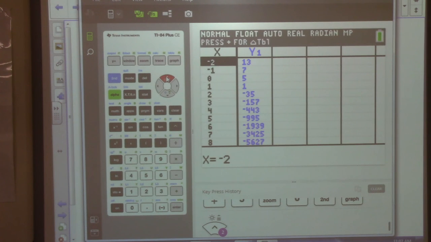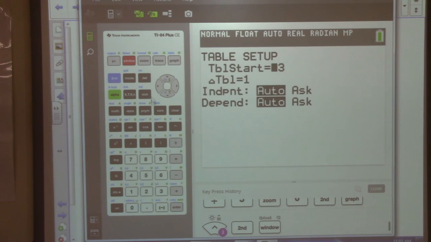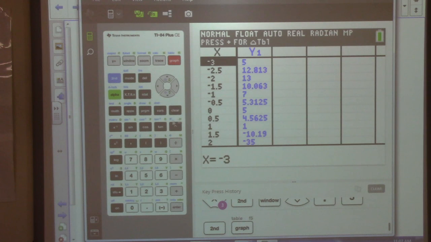So at -3, we have 5. At 0, we have 5. And at 1.5, we have negative 10.19, is that right?